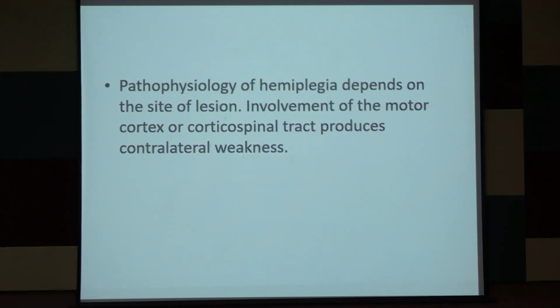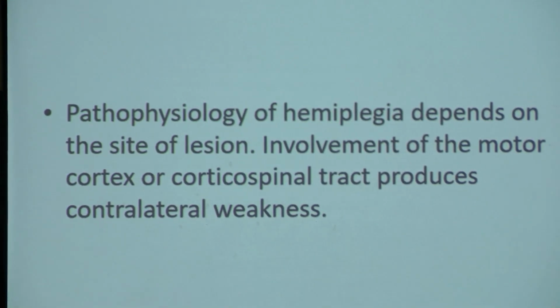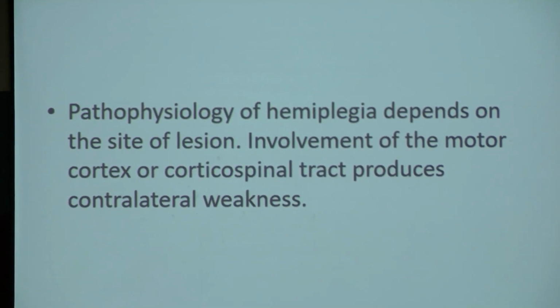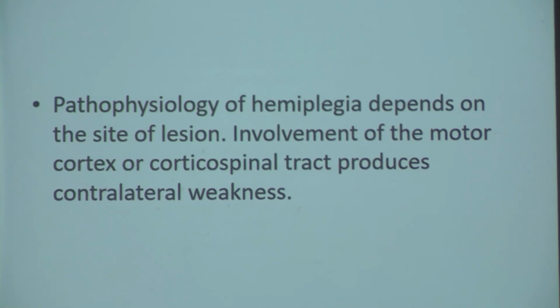In case of internal capsule involvement, convulsion may not be there, but there is dense hemiplegia, an upper motor neuron type of lesion on the opposite side. This is the important thing. Below that level, in the midbrain there will be involvement of the third and fourth cranial nerves. In the pons, there will be involvement of the cranial nerves of the pons. In the medulla, involvement of the cranial nerves of the medulla. You should tell these during examination.